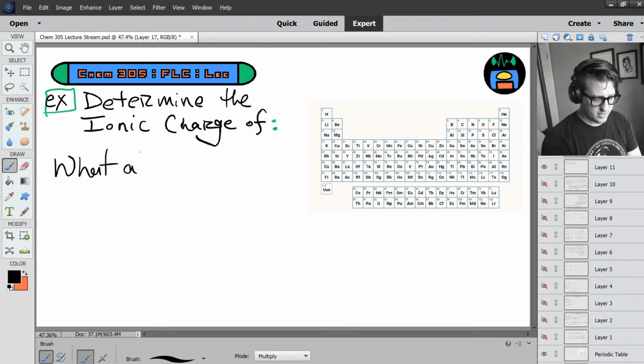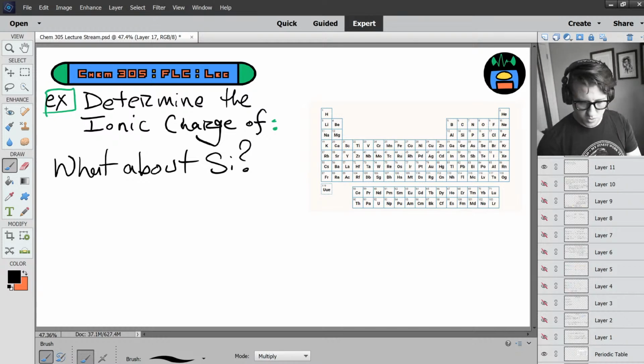What about silicon, which is right here? What is silicon's closest noble gas? Is it argon? Or is it neon? Well, if you look at silicon, silicon has 14 electrons.